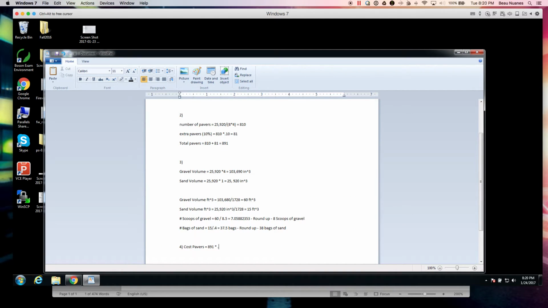So 0.45. Our pavers are going to cost $400 and 95 cents. Cost of the gravel is going to be the number of scoops of gravel times the cost per scoop.